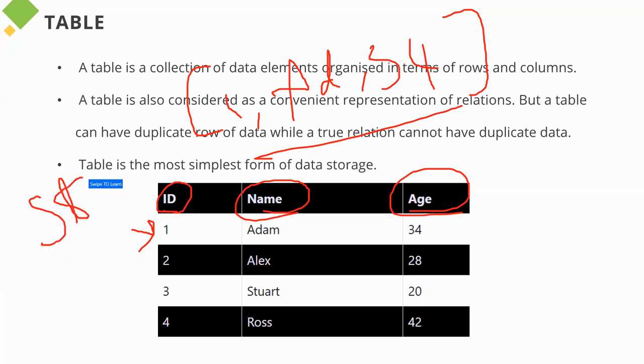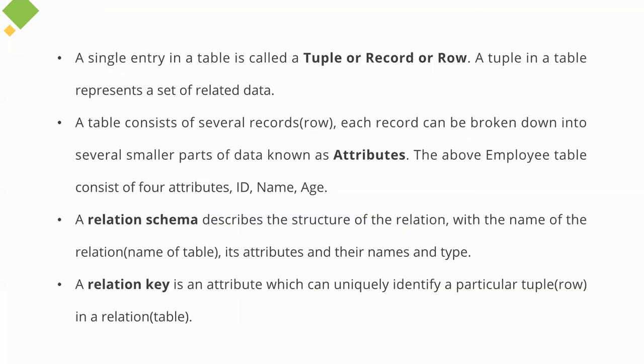The entity's attributes become the column names here. A table consists of several rows, and each record can be broken down into several parts known as attributes. As you see here, the employee table consists of the attributes ID, name, and age.